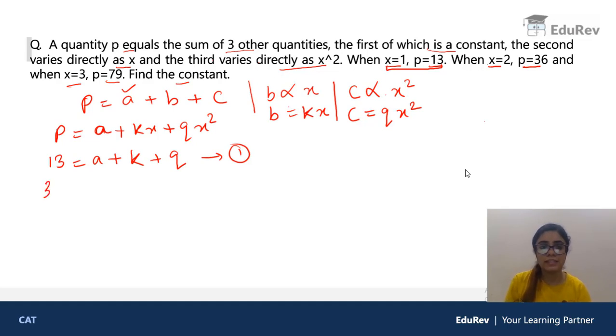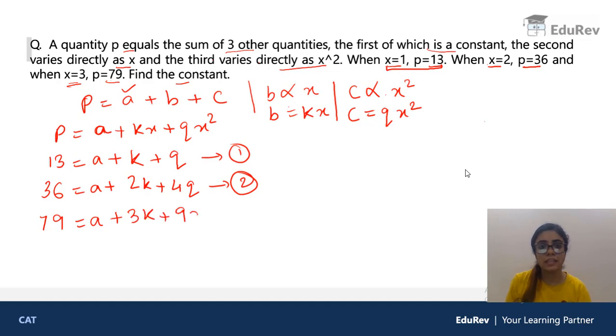Okay? So 36 is equal to A plus, this will be 2K plus 4Q. This is your second equation. And the third is, when x is 3, P is 79. So this will be 79 is equal to A plus 3K plus 9Q. This is your third equation.